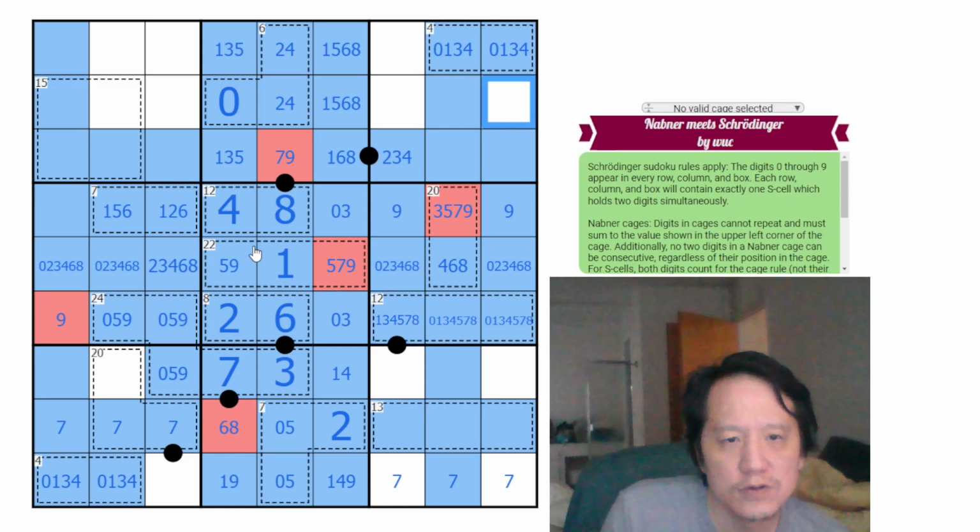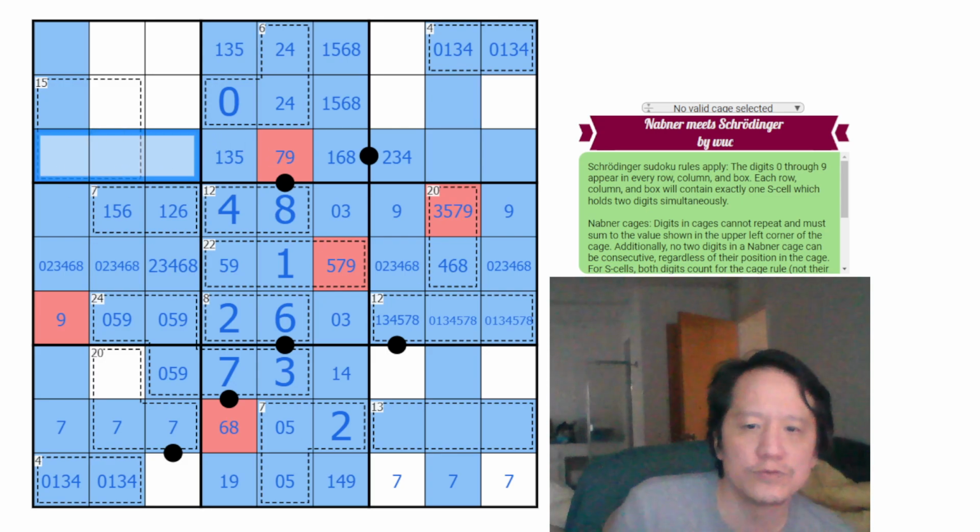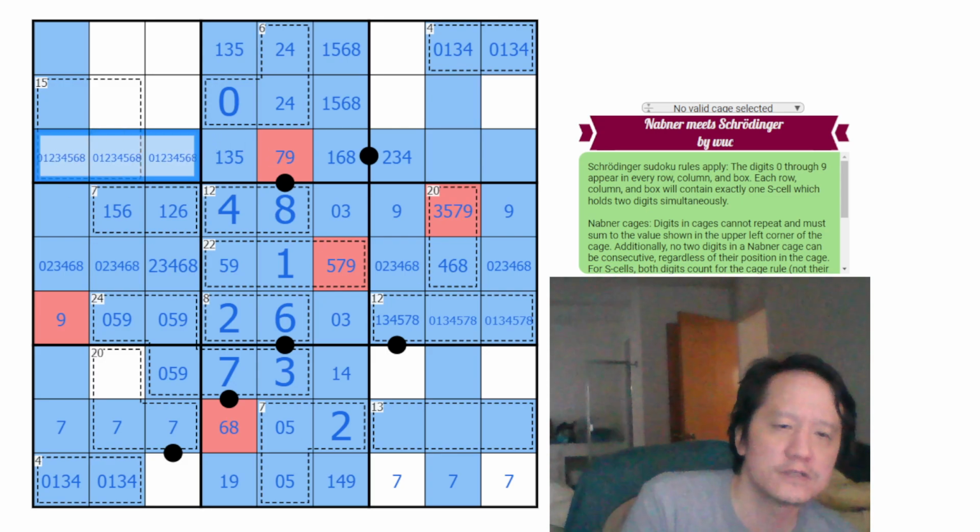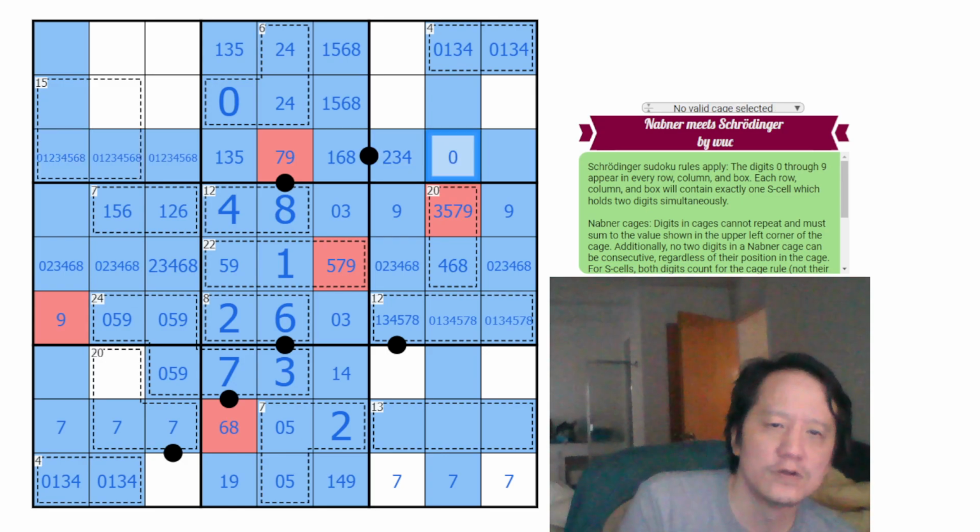Here. This is 0 through 6 and 8. 0 through 6 and 8.